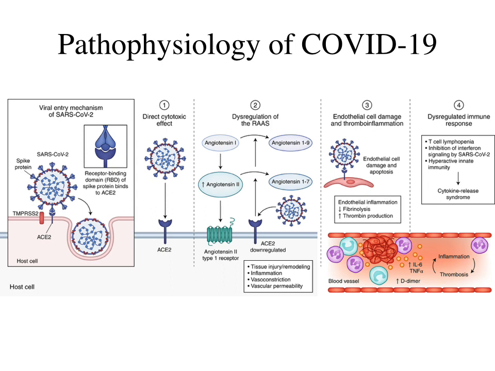It is thought that viral entry disrupts this system by binding to the ACE2 receptor. Also, endothelial cell damage and thromboinflammation occurs. And lastly, dysregulation of the immune response and hyperinflammation caused by inhibition of interferon signaling by the virus, T-cell lymphodepletion, and production of pro-inflammatory cytokines, particularly IL-6 and TNF-alpha.